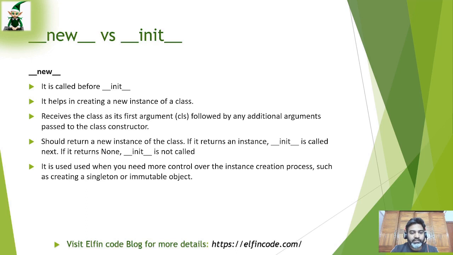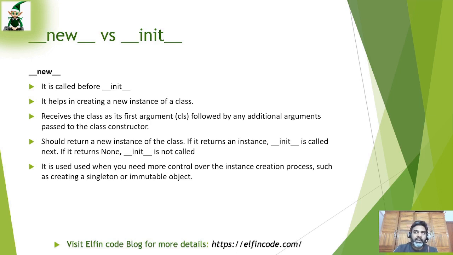The fifth thing is when you need some kind of more control over the instance creation. For example, if you want to do some kind of operation before the instance creation, then that logic you can keep inside the new method.